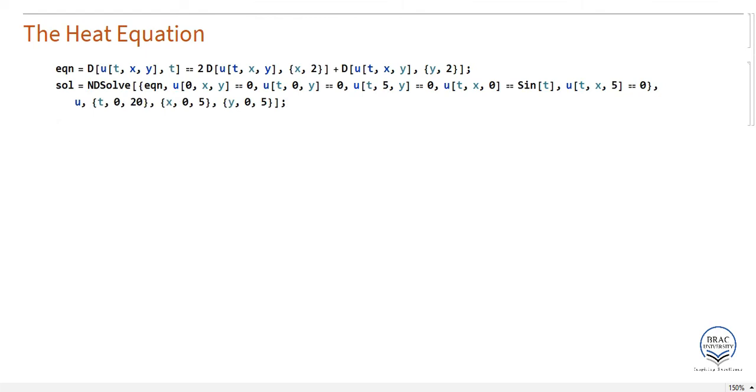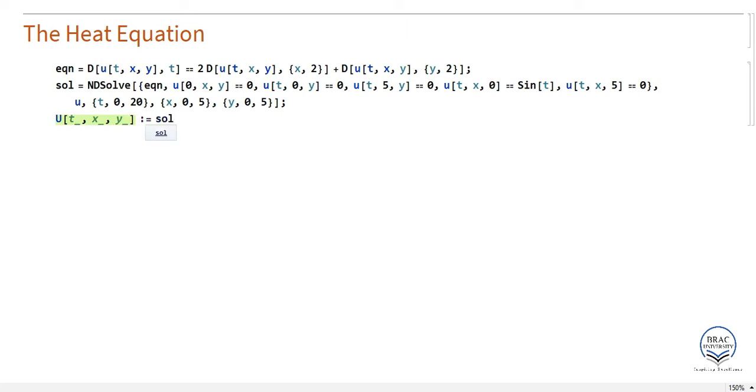Before you plot, what you need to do, as we did in our earlier lectures, is type u[t_, x_, y_] and replace it with the solution that is coming out of sol.